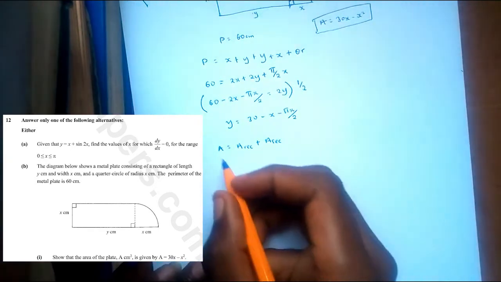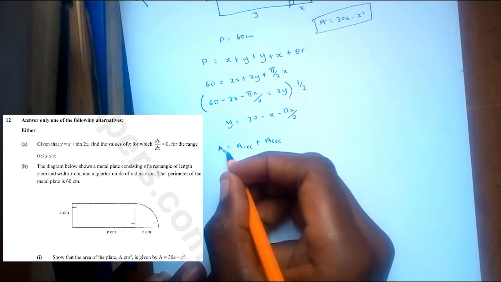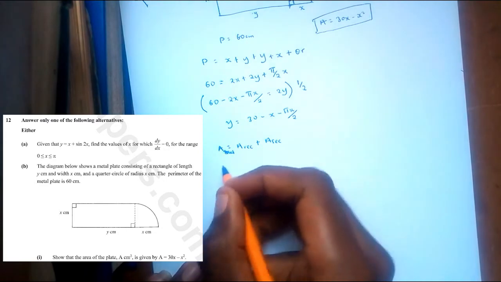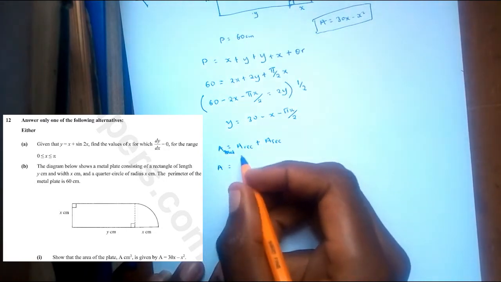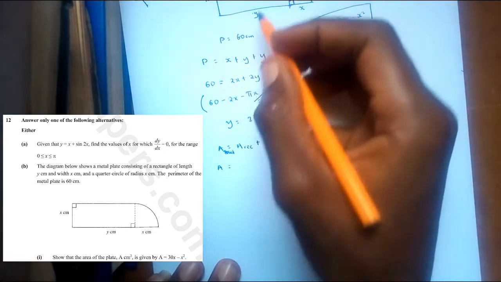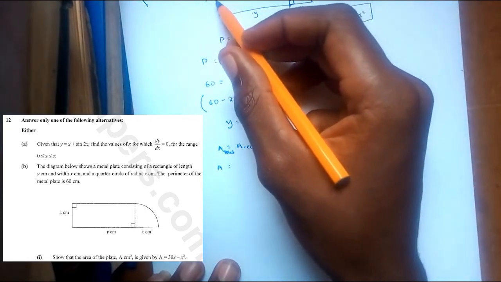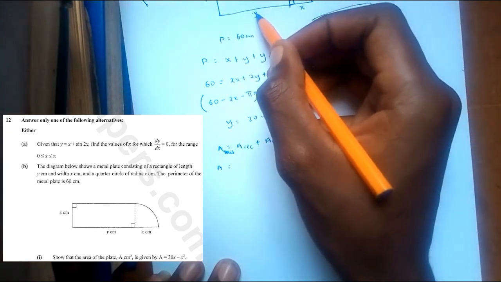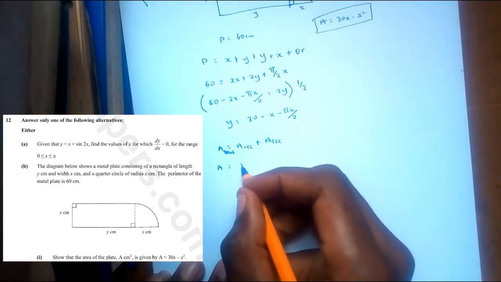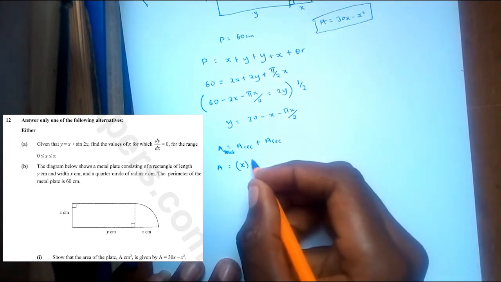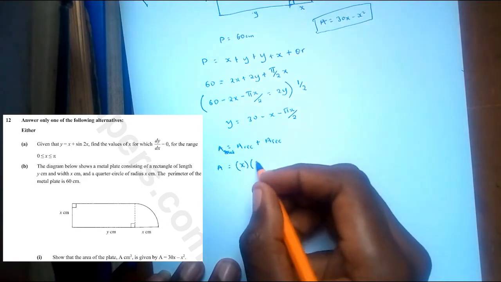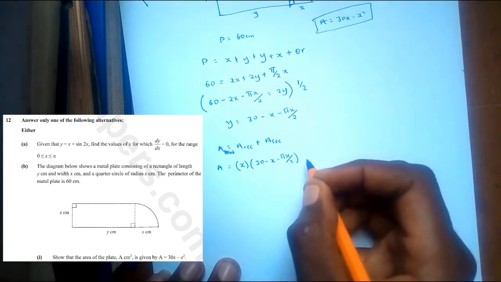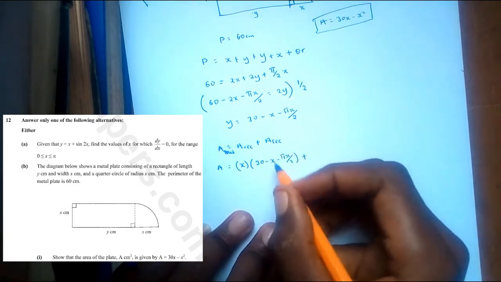That is the total area, which is just what they wrote as A, so I'll write it as A. The area of the rectangle is just length times width. Our width is x, then our length is y, and y is this, so that will be x, which is our width, times y, which is our length: 30 minus x minus pi x over 2. Then plus the area of the sector.